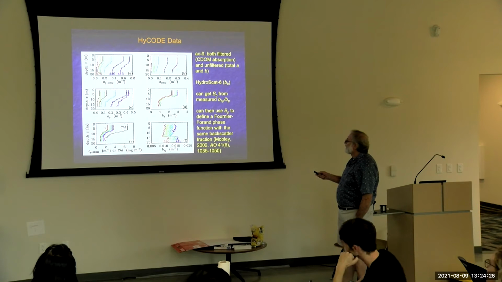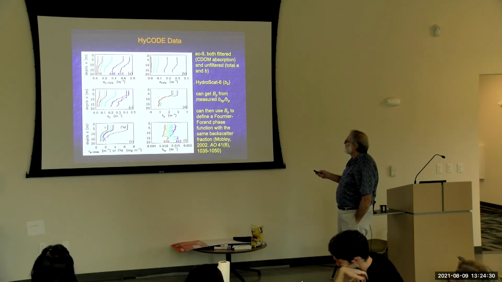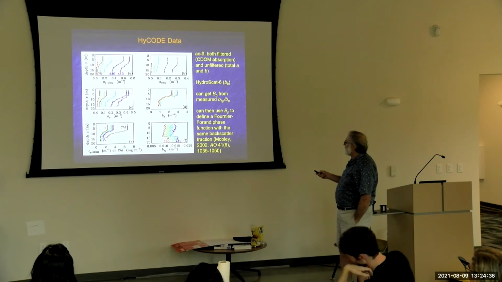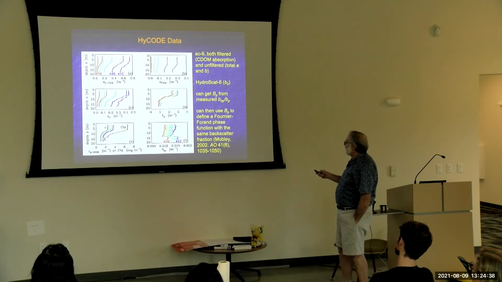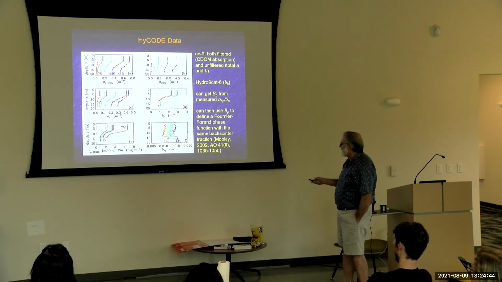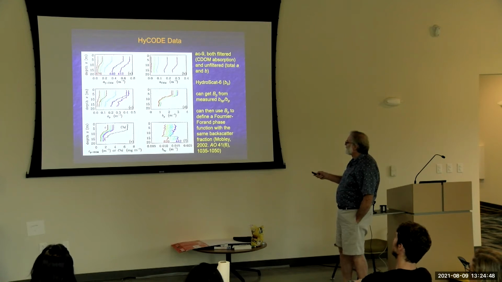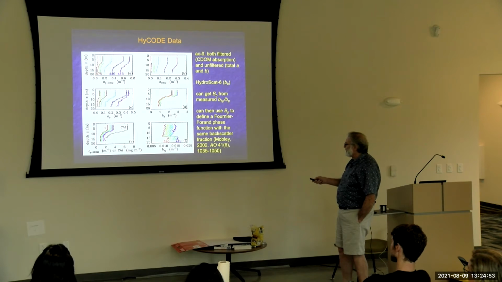So anyway, here's the profile of particulate plus CDOM absorption. And you can see in the upper 5 or 6 meters, it's kind of homogeneous, and then things drop off. There's the CDOM profile. There's the particulate. Here's the scattering coefficient, which is of course by particulates. And then here's the chlorophyll, and here's beam c. Notice how things like this and this have exactly the good correlation with the chlorophyll.